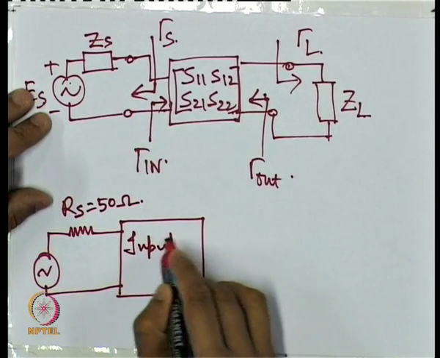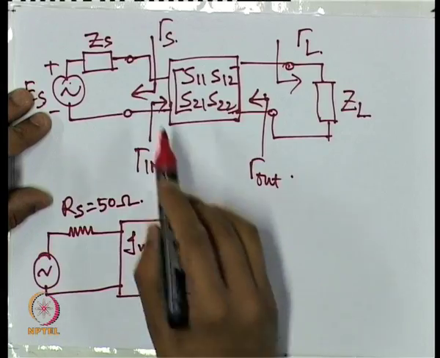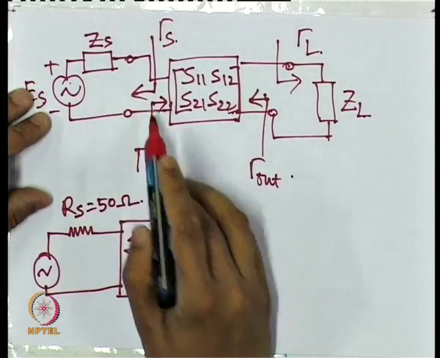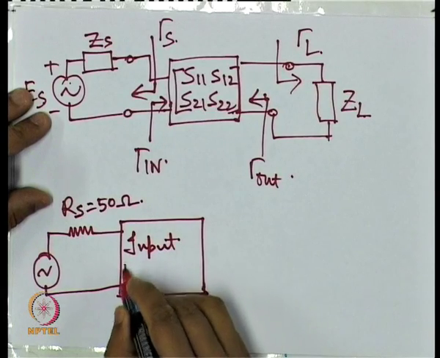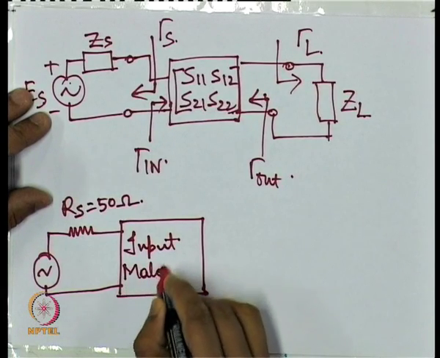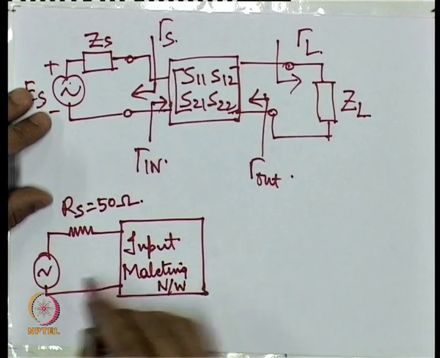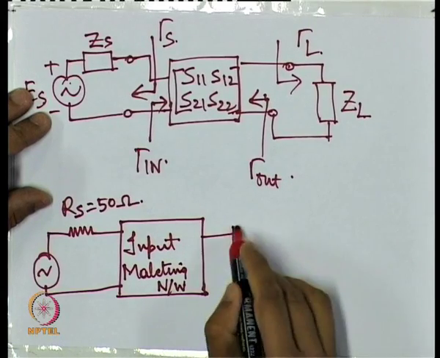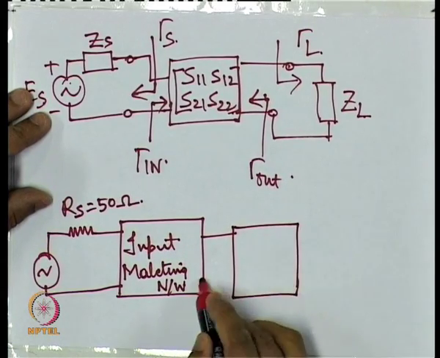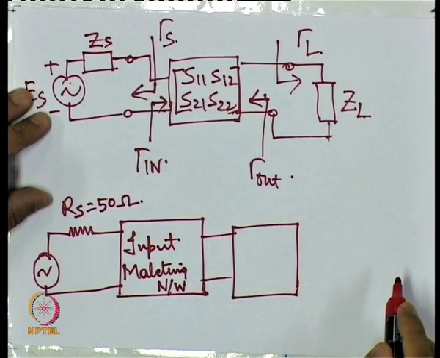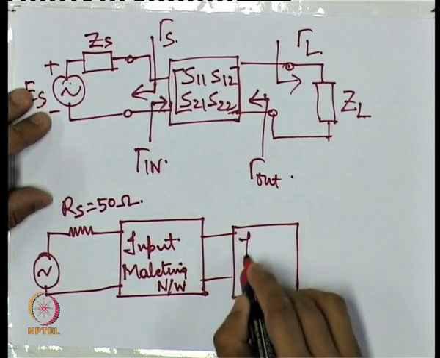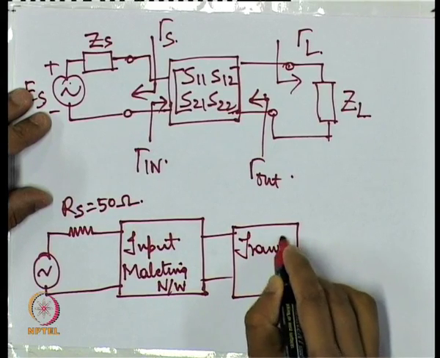And then I had also mentioned this earlier, that for proper input matching, we need to place something called the input matching network between the source and the input of the transistor or the active device that we are working with. So let's call that transistor.